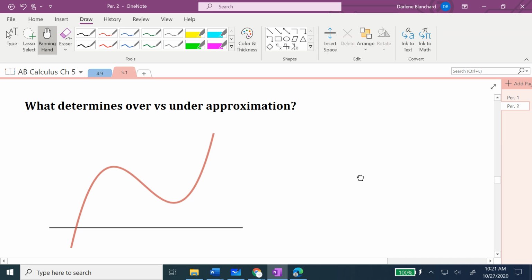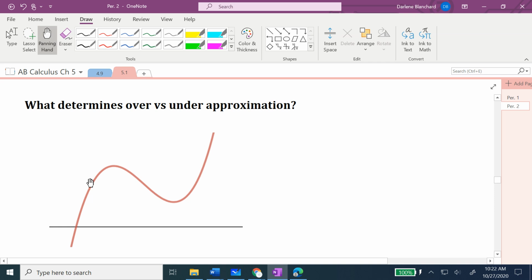Anytime I need to determine what about the graph gives me an overestimate versus an underestimate, I like to draw a degree 3 polynomial like this, because if I can't remember whether it's the first derivative or the second derivative and positive and negative, this has it all.